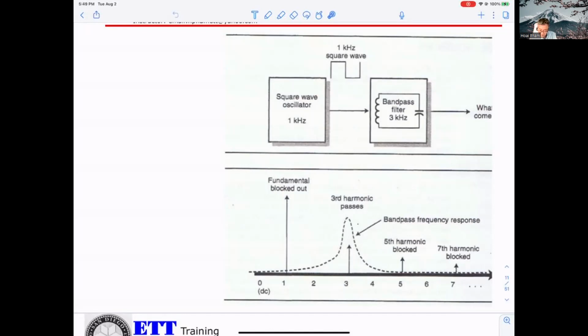And basically, what they want is only 3 kilohertz to go, and the other lower and higher ones they want to block. That's what they have to do using a band pass filter. You guys already learned it. Band pass filter. Okay? That means the center frequency will be 3 kilohertz.